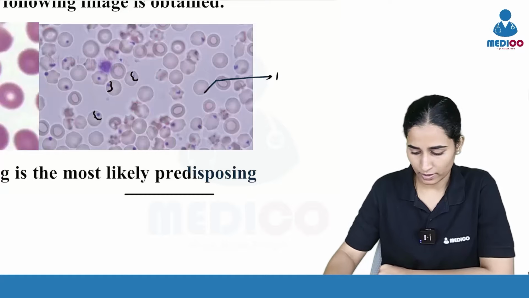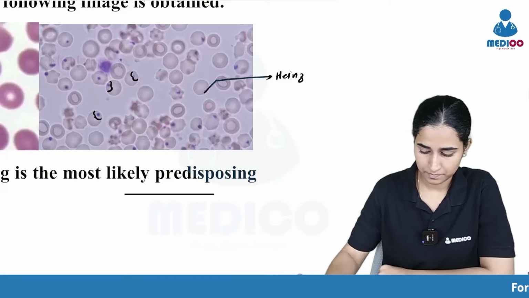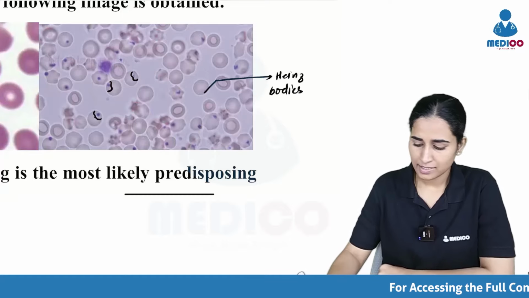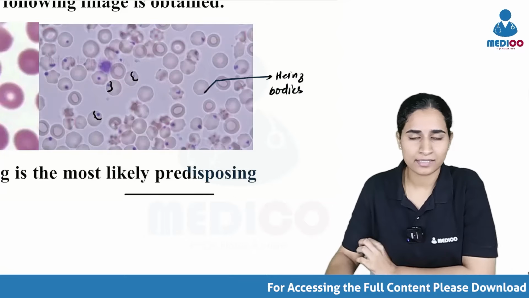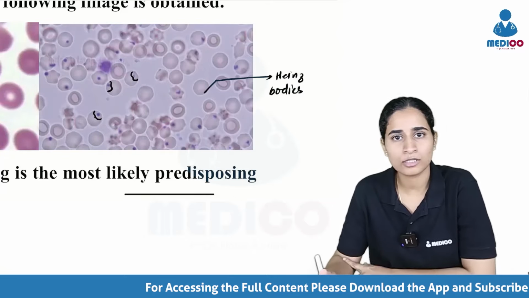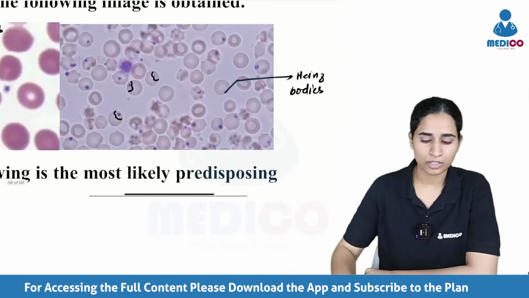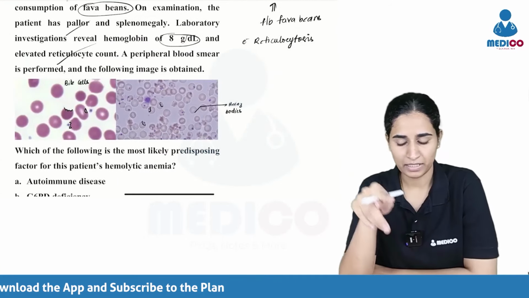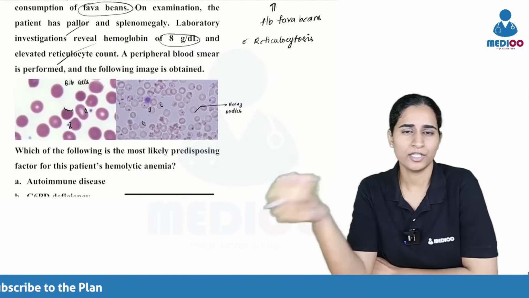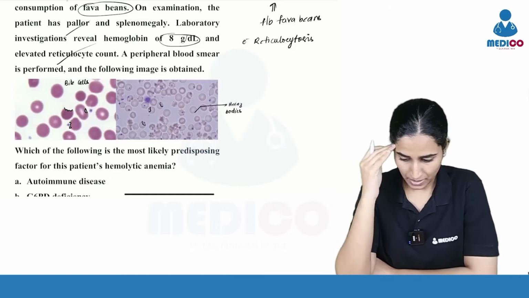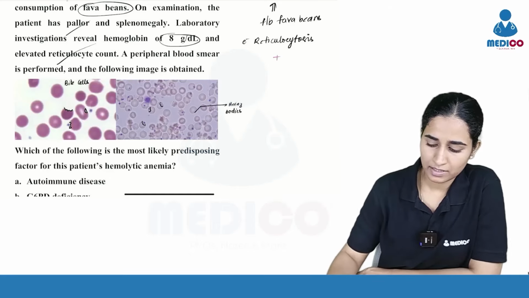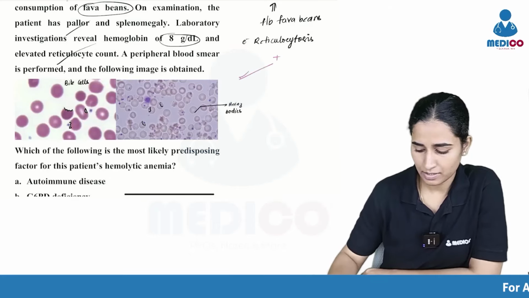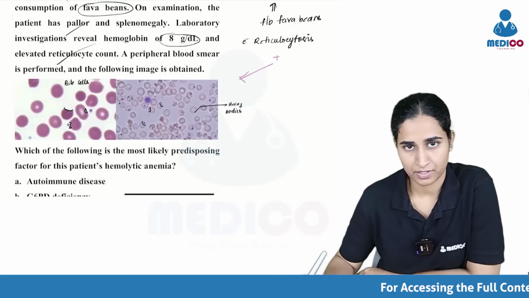They are called Heinz bodies. So these Heinz bodies are nothing but oxidized hemoglobin, which is stained on the supravital stain but not stained on the routine stain. So in routine stain, you are seeing them as bite cells, which are empty, and in the special supravital staining, you are seeing them as Heinz bodies. That's it. And along with this, there is this evidence. This is nothing but G6PD deficiency.